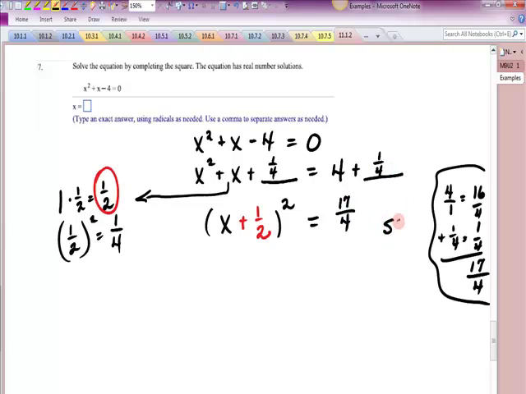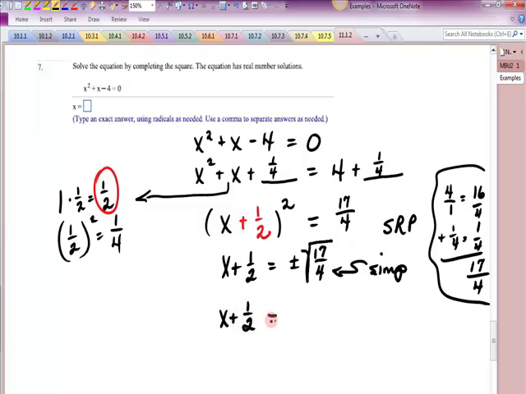Square root property. Square root of this side for x plus 1/2 equals plus or minus the square root of 17/4. And I always ask, can I simplify this? Well, I can. So I copy down x plus 1/2 equals.